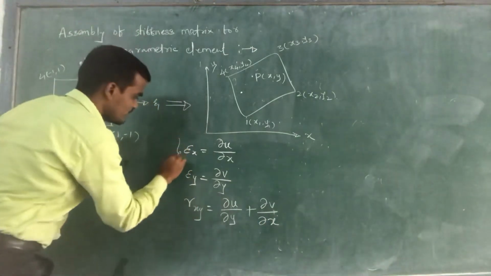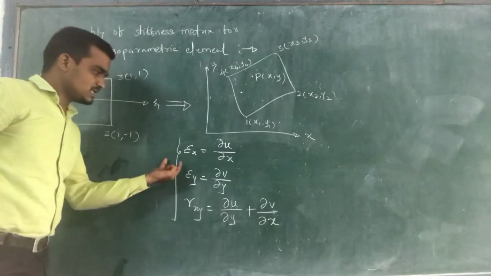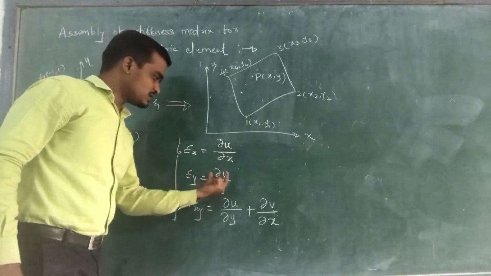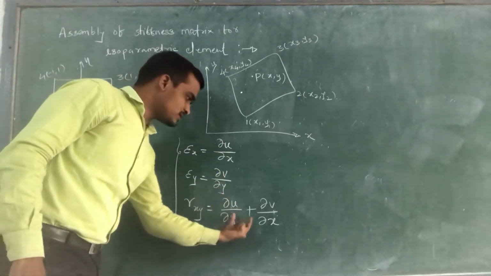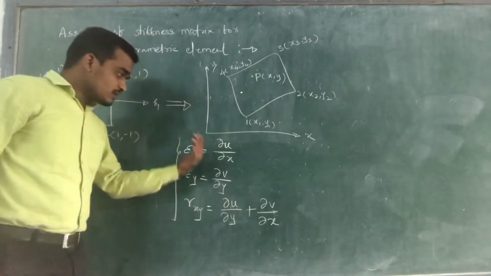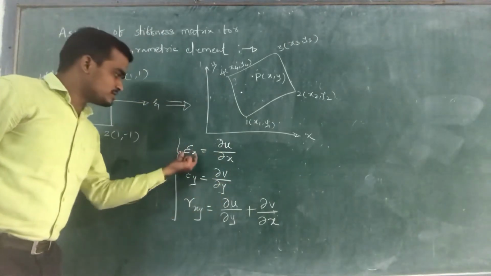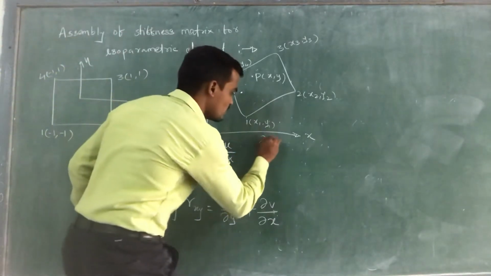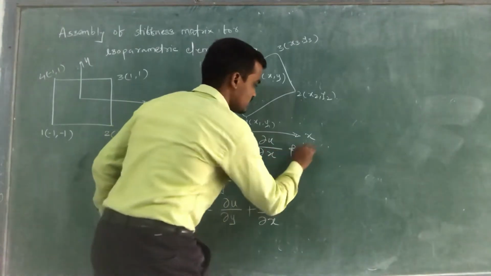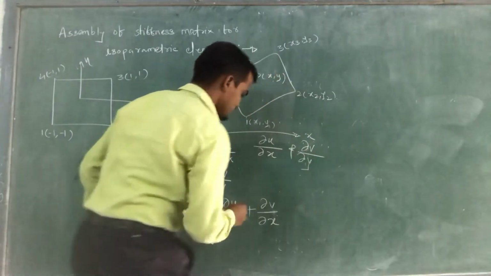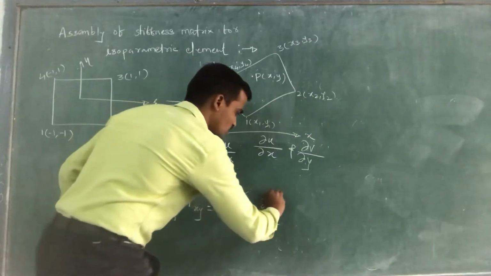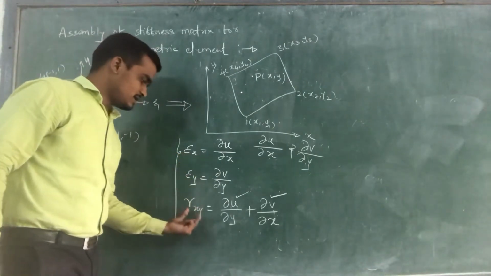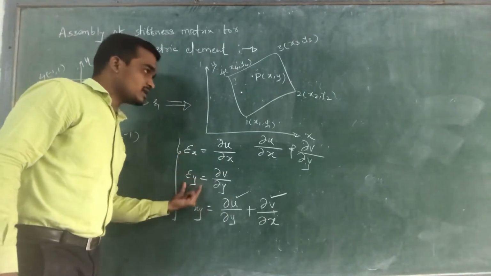So if we need to find the strains in the isoparametric element, we need to calculate dou u by dou x, dou v by dou y, and dou u by dou y plus dou v by dou x. By determining these values, you will get epsilon x, epsilon y, and gamma xy. So we need dou u by dou x and dou v by dou y, and similarly dou u by dou y and dou v by dou x, to get the strains in the x direction, y direction, and shear strain.